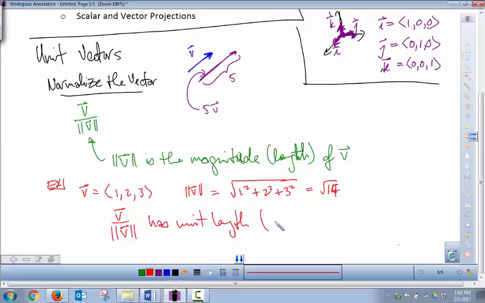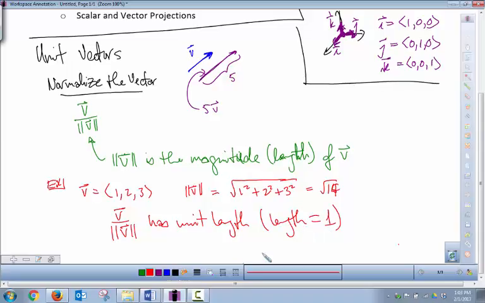And unit length means it has length 1. And so if it has length 1, then this idea of scalar multiplying it, scaling it by 5, just means you just multiply it by 5, and then you've scaled that unit vector into length 5. And then that's it.